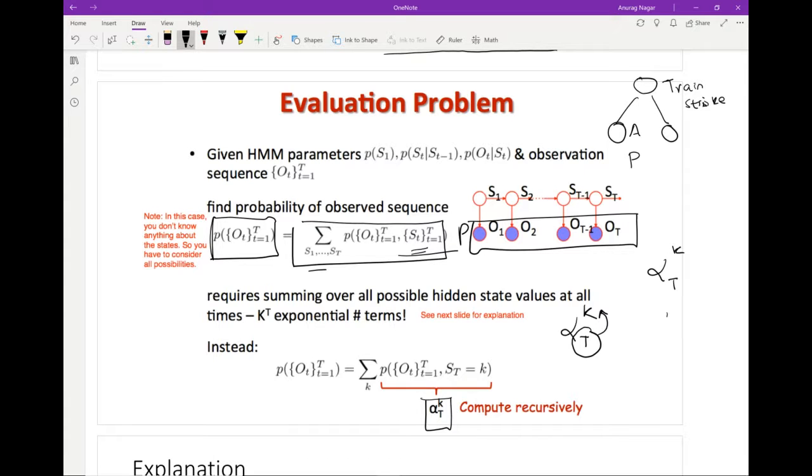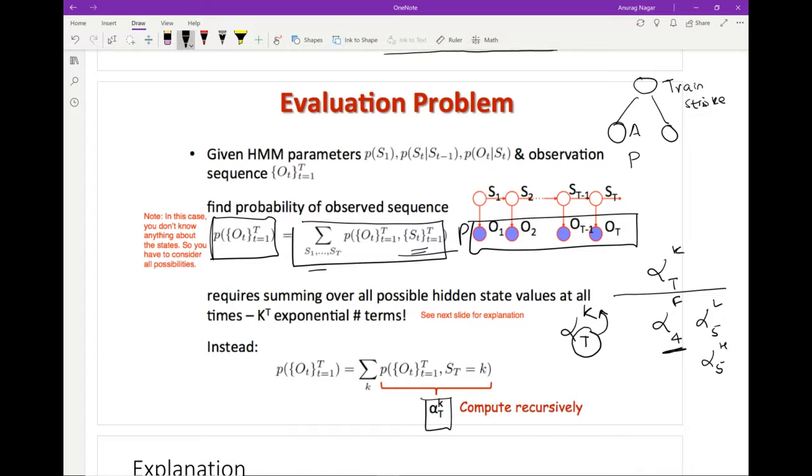For example, I could say alpha 4 hidden, which means after 4 steps, what is the probability of being in the hidden state? And similarly, you could say what is alpha 5 fair state, alpha 5 loaded state, alpha 5 hidden state, and so on.